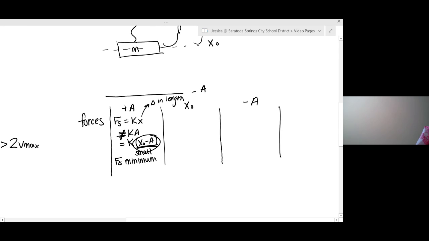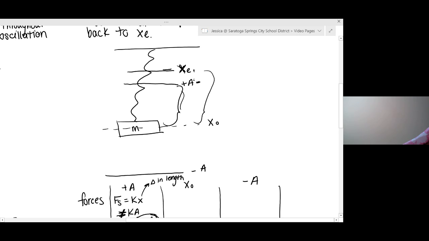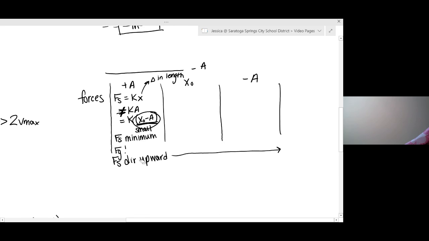But don't forget we also have a force of gravity acting on us. The other thing to keep in mind is that this spring force is directed upward. No, that's not true.